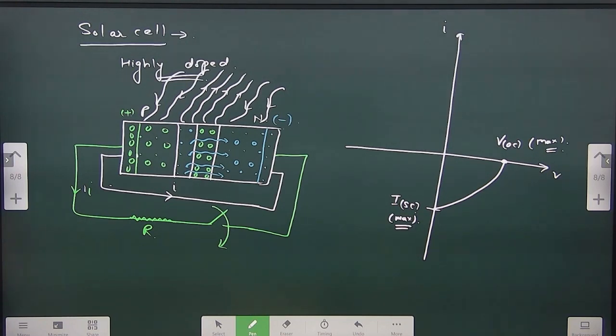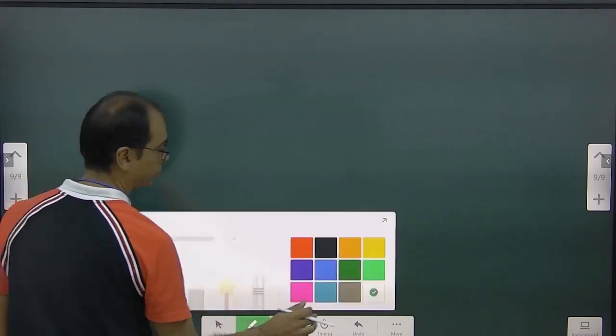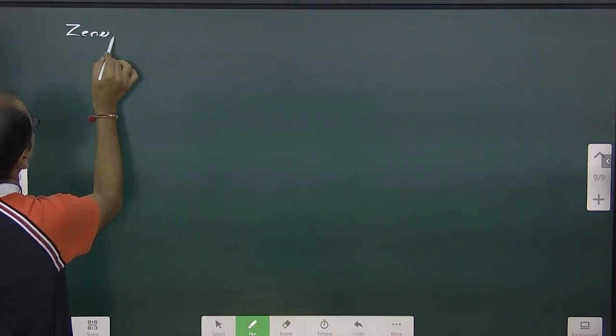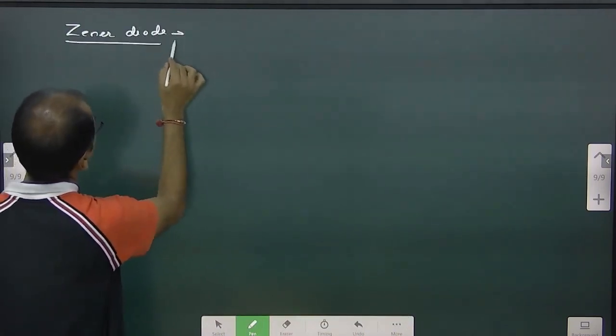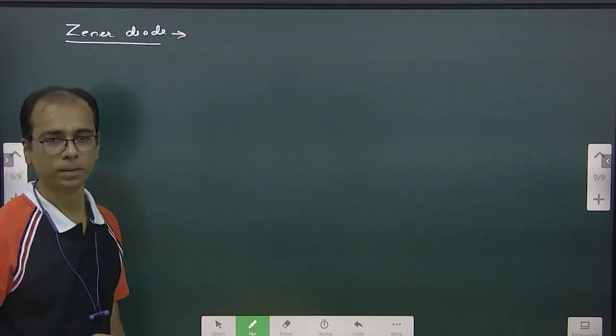Right? That's the solar cell. Now we'll see the Zener diode. What is a Zener diode? A special device which is used to control or regulate the voltage. Okay.